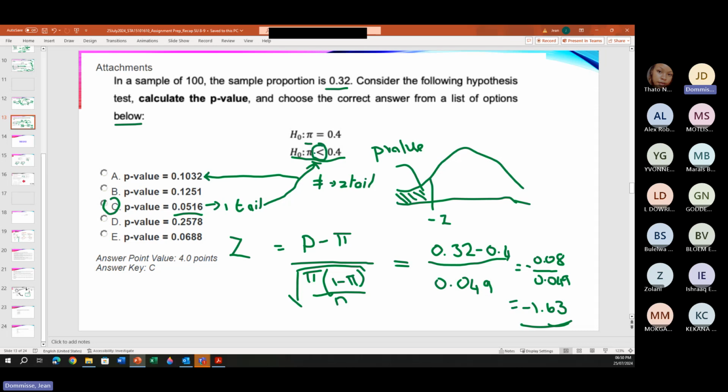Okay, so just again, very careful with the one tail and the two tail. The two tail is only when it is not equal to, and they need to tell you. Otherwise, smaller, bigger, smaller or equal, bigger or equal, that is always one tail.